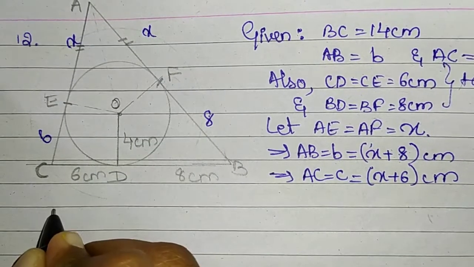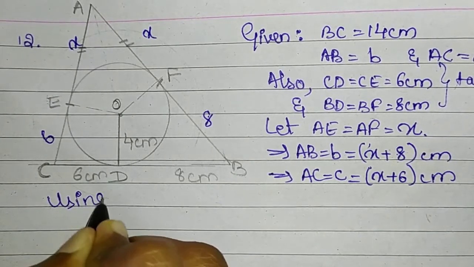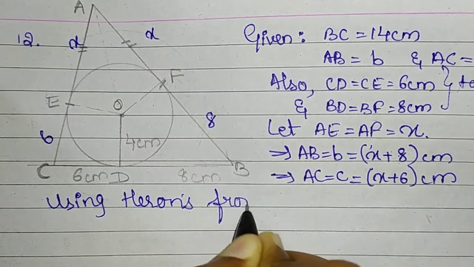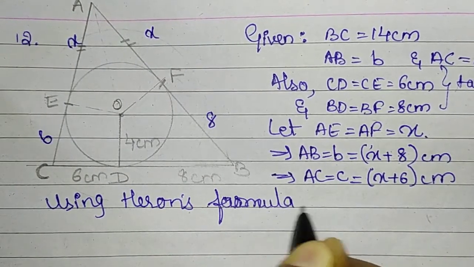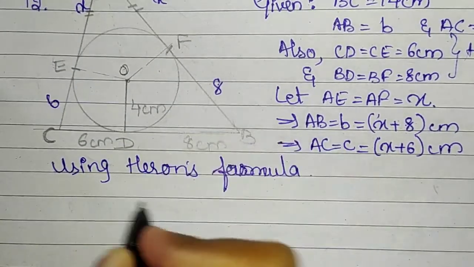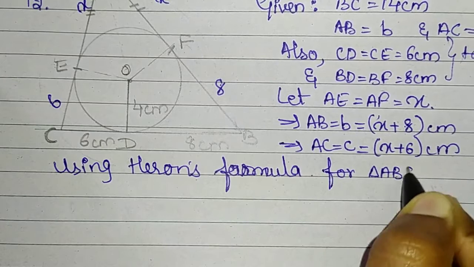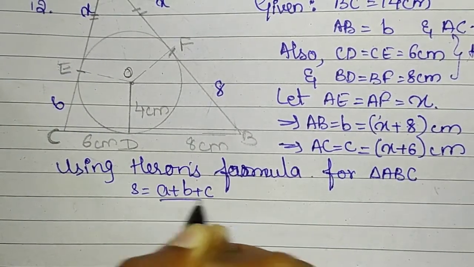So using Heron's formula, first we need to find the semi-perimeter S for triangle ABC. For triangle ABC, S is equal to (a plus b plus c) by 2.